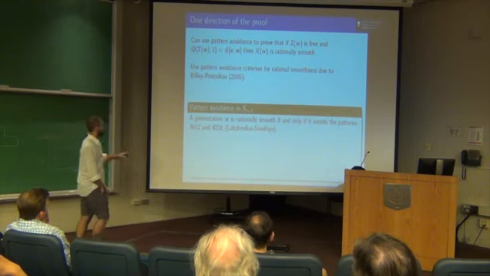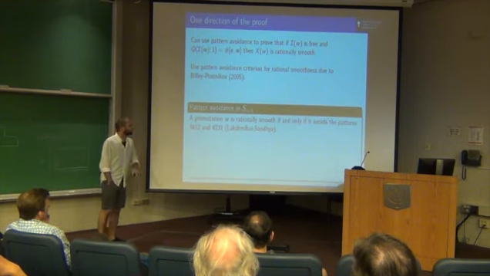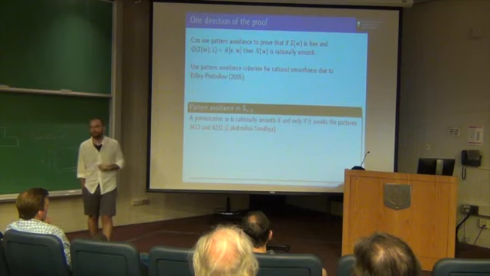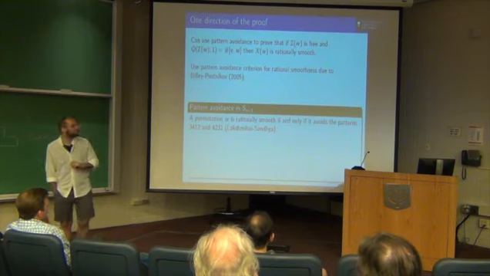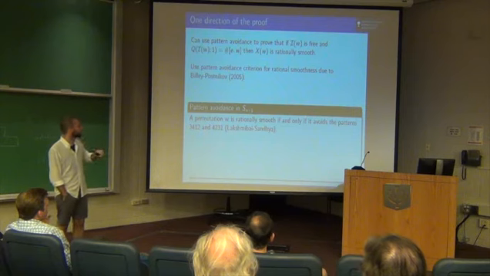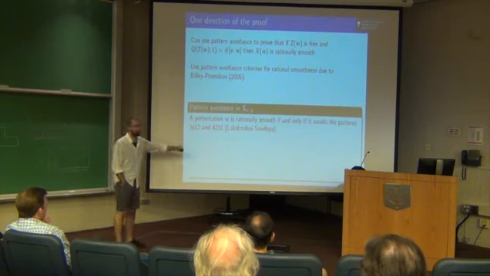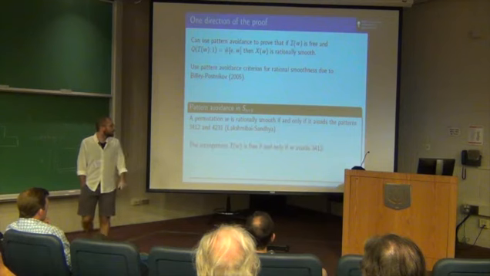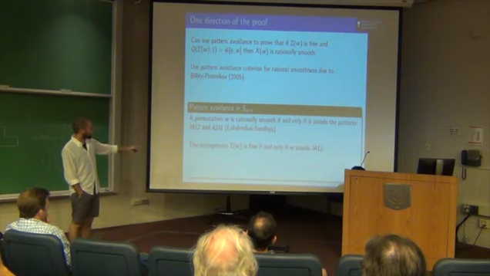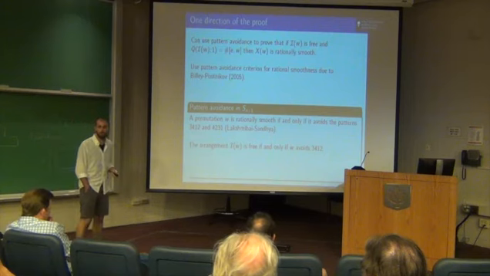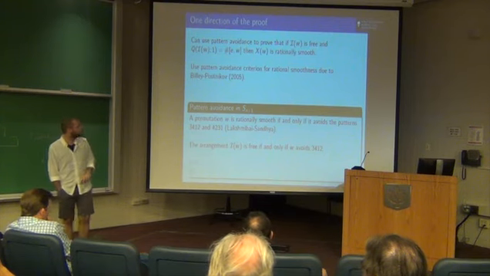It's useful still to think about the type A case. So here there's this Lakshmibai-Sandhya theorem that says that a permutation is rationally smooth, actually smooth, they're the same thing for the symmetric group, if and only if the permutation avoids the patterns 3412 and 4231. And it's not so hard to show that the arrangement is free if and only if the permutation avoids 3412.